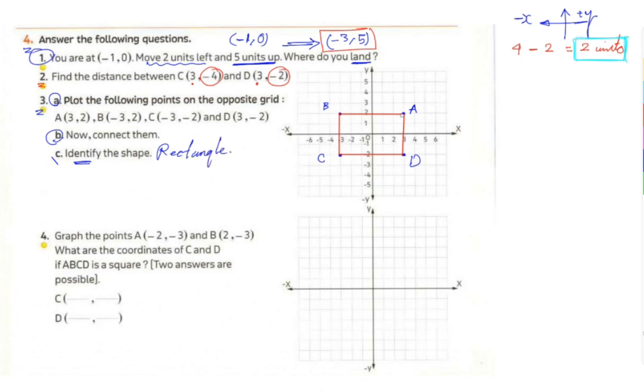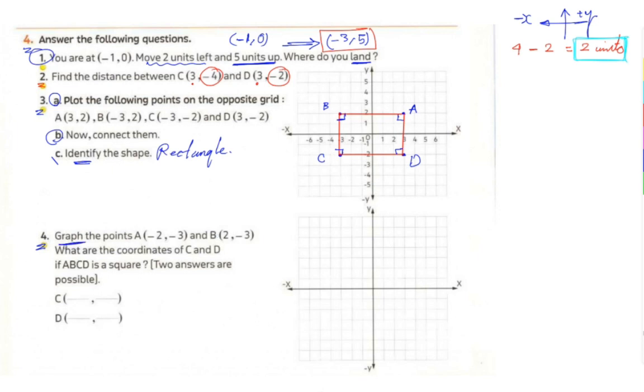Why? Because AB equals CD and each of them is a horizontal line. AD equals BC and both are vertical lines. So each two parallel lines are equal in length, and these angles are right angles.